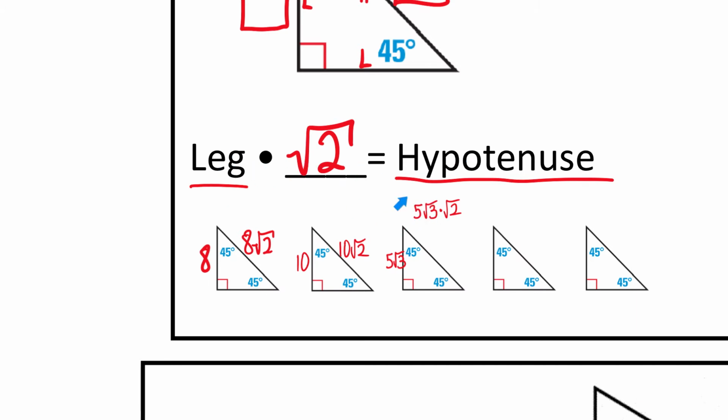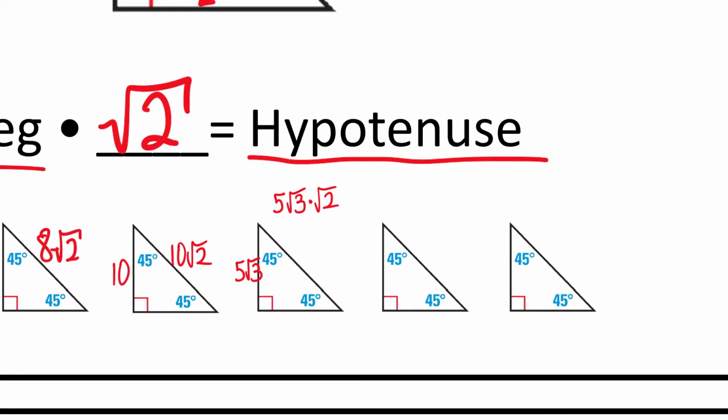Well, the leg is 5 square root of 3, and I'm multiplying that times the square root of 2. Now remember, does this 2 get multiplied to the 3 or to the 5? To the 3, because both of those are inside numbers. So this 2 gets multiplied to the 3, not to the 5. So what is that going to give us?